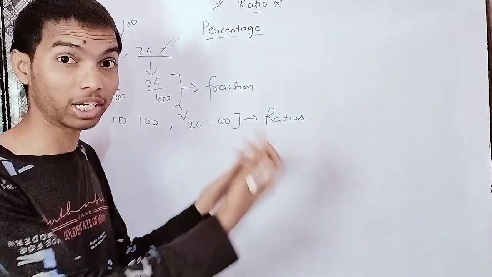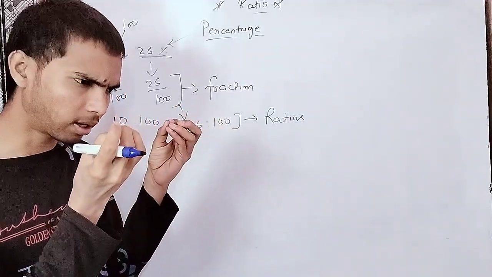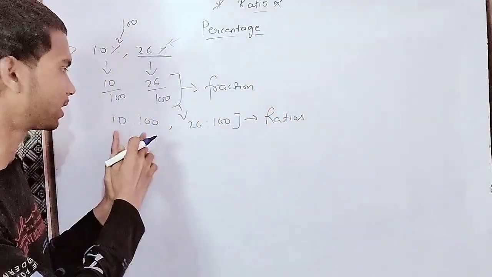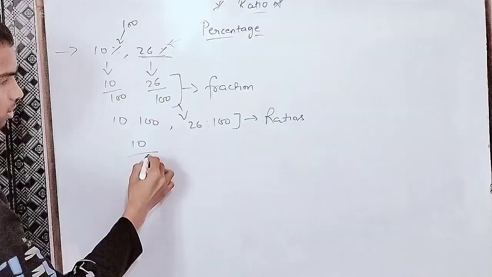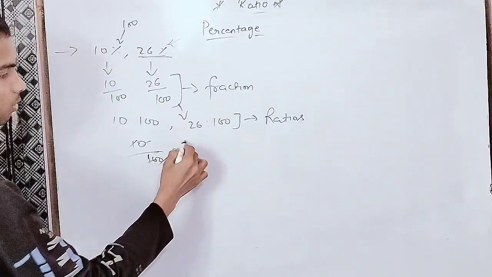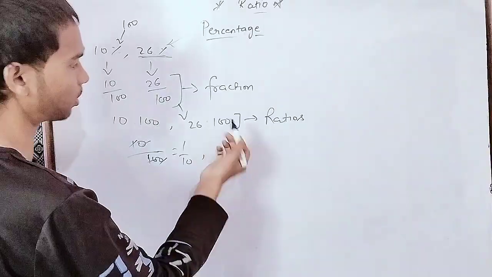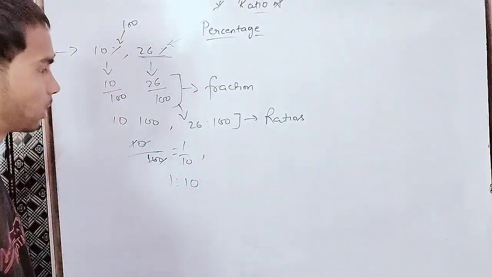The idea comes to our mind that it can be simplified further. So we simplify it to 1 upon 10, which is exactly 1 is to 10.